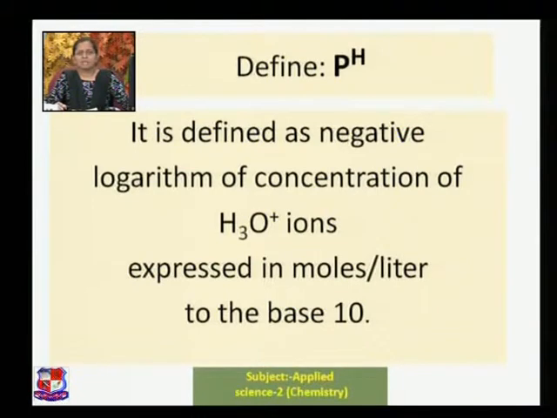Now coming to the very important concept, after understanding the ionization concept, let us try to understand the pH. Now this pH is a very important concept that is used in today's world. It is defined as the negative logarithm of the concentration of H3O+ ions expressed in moles per liter to the base 10.